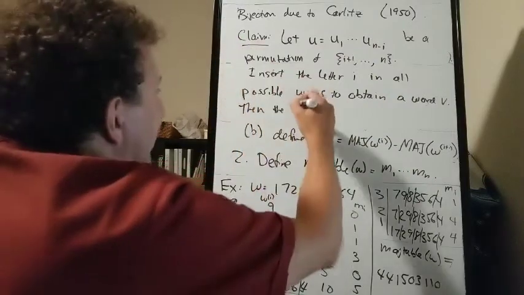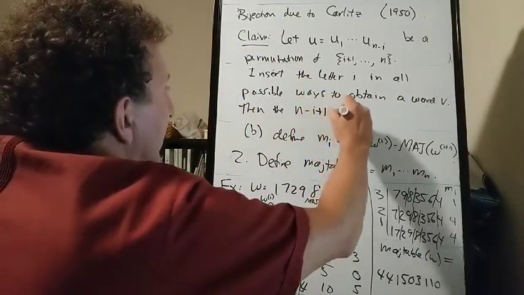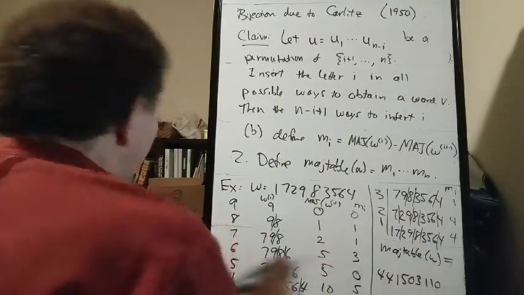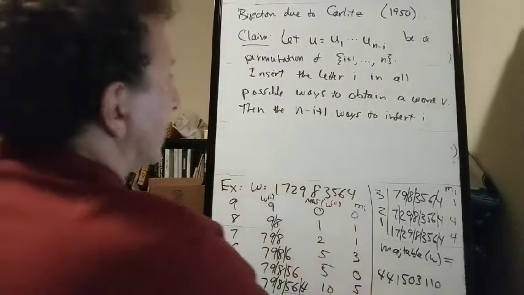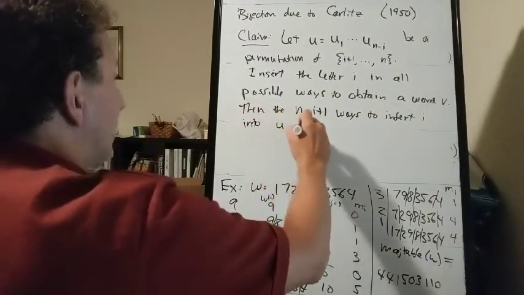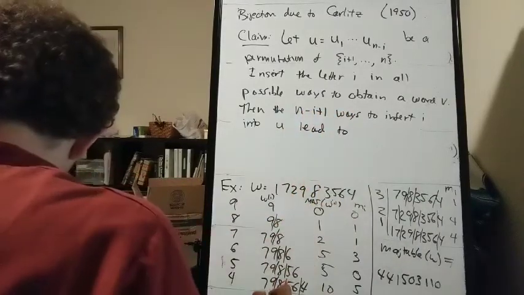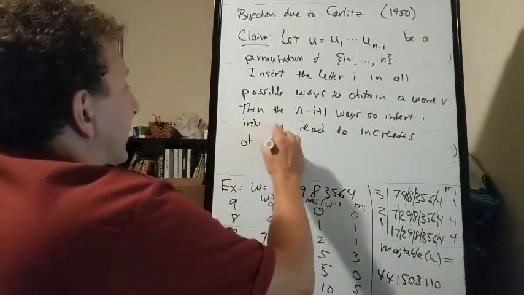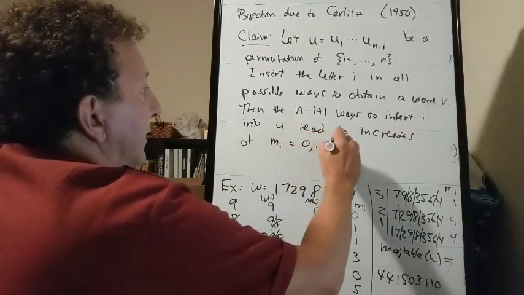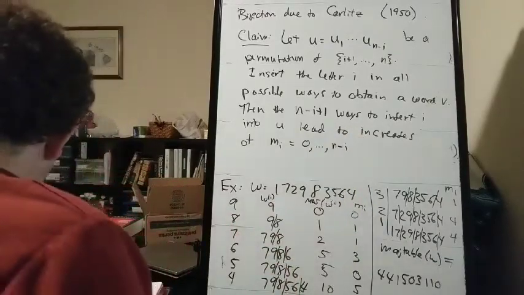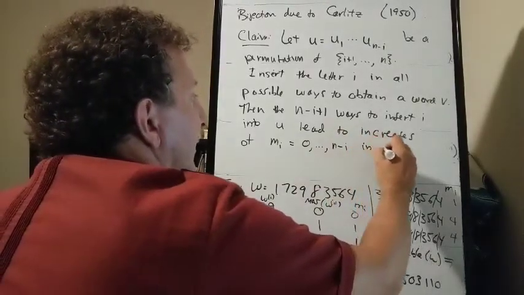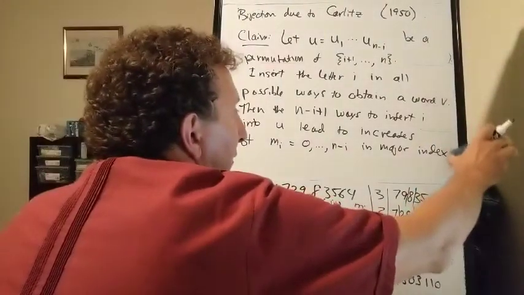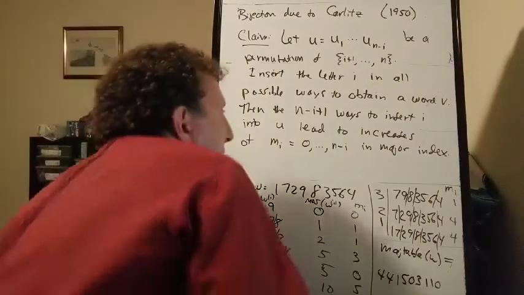So the n minus I plus 1 ways to insert I into u lead to increases of anywhere from 0 to n minus I in the major index. Alright, so that's what we're claiming.